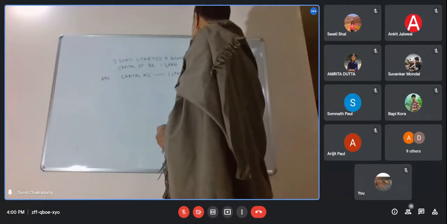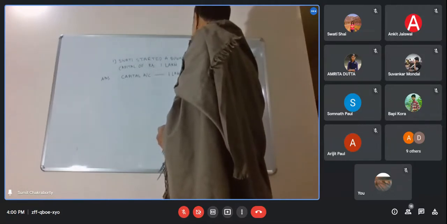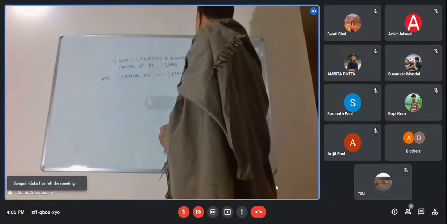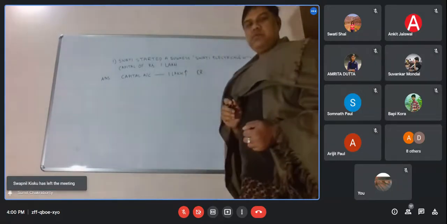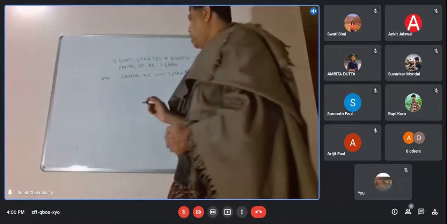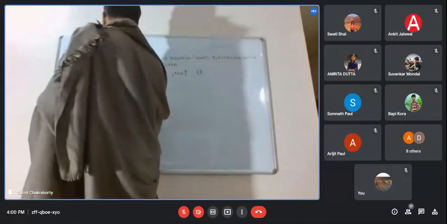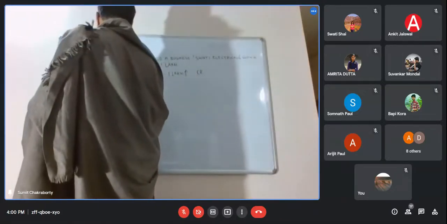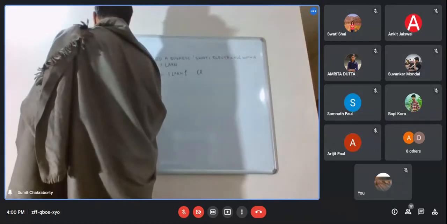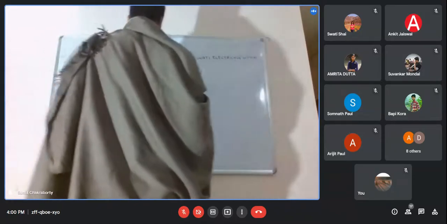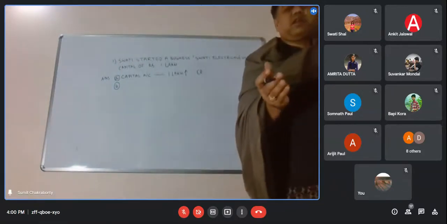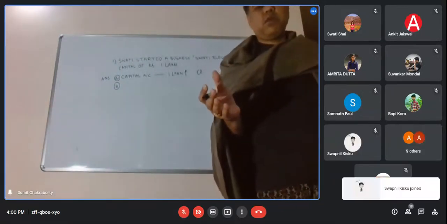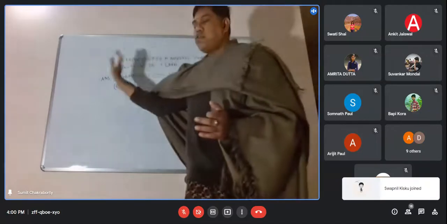So debit, credit. Credit by 1 lakh. Another, so A, double entry system. B, double entry system. Cash account, because it has only cash and capital. Cash account on the asset side, on the left hand side.